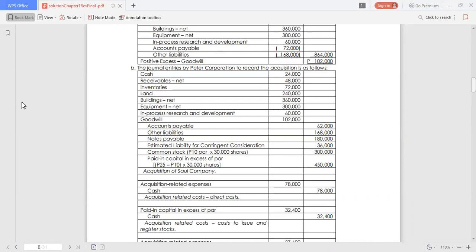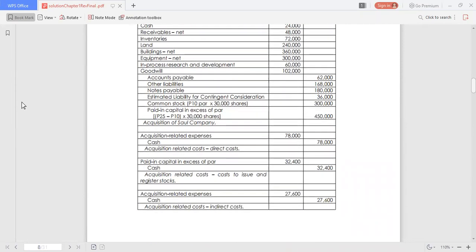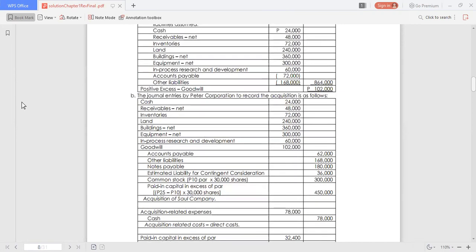So we now have the amount of accounts payable and other liabilities here. Accounts payable is recorded at 62,000. Make correction. Accounts payable at fair value is 62,000.